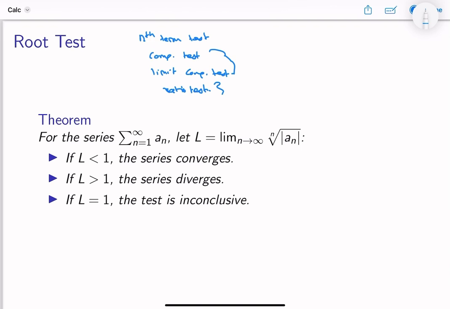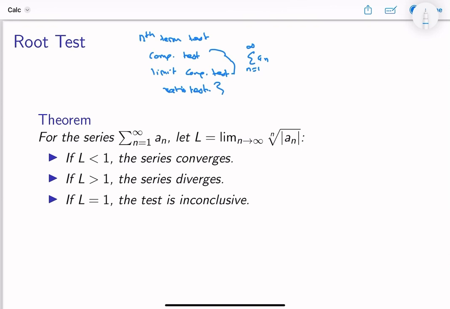So we said that for the comparison tests, we have a sequence an and we're summing that. So we have this series and we're interested in the question of whether this is a convergent series or not.